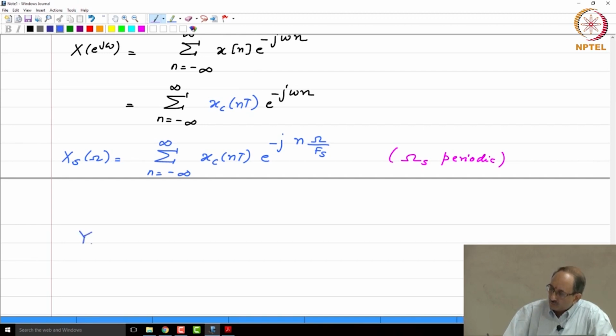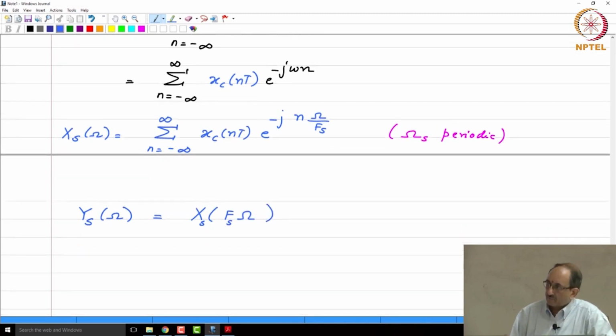Now, let us consider Ys of omega, and Ys of omega is Xs of Fs omega. So, what we are doing is we are forming a new function Ys of omega, which is a scaled version of Xs of omega.